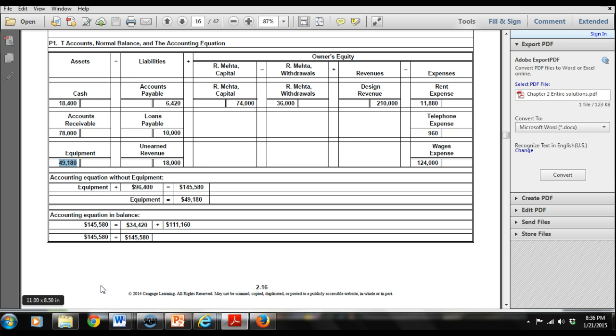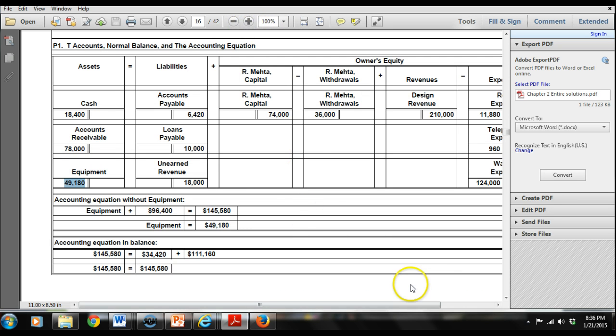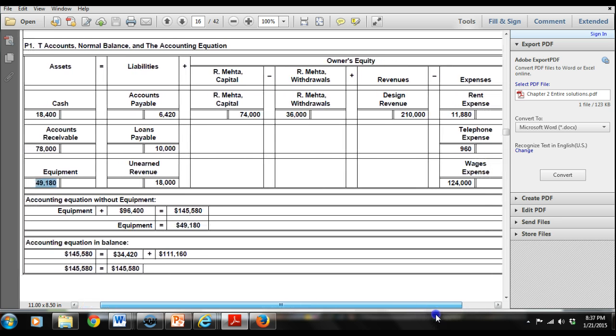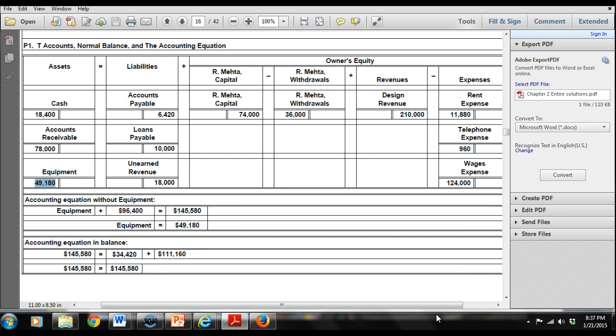But what you're going to want to do is total all of your liabilities. You're going to total your owner's equity. So take a moment, and I've got the answers up here. Take a moment and see if you can make some sense out of this, okay?